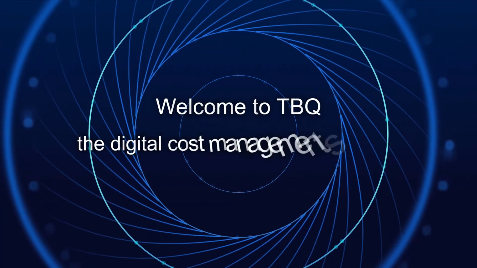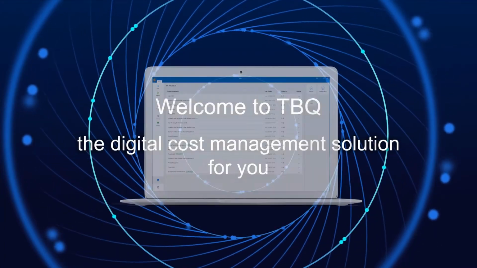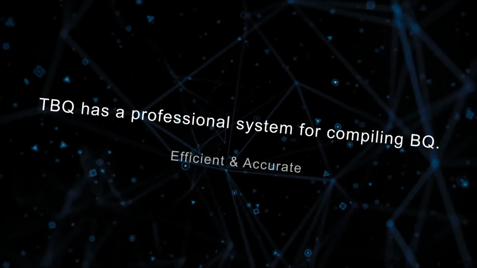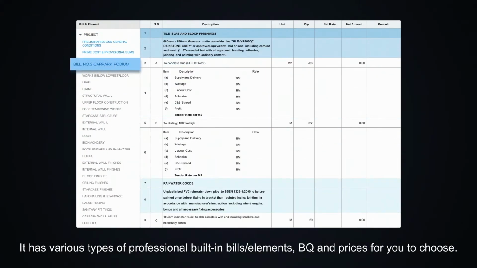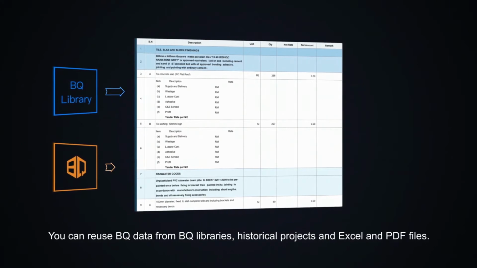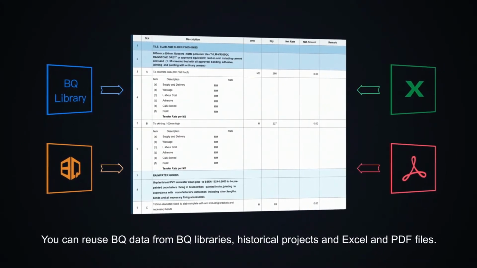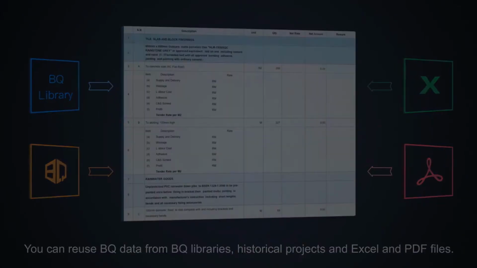Welcome to TBQ, the digital cost management solution for you. TBQ has a professional system for compiling BQ. It has various types of professional built-in bills, elements, BQ, and prices for you to choose. You can reuse BQ data from BQ libraries, historical projects, and Excel and PDF files.